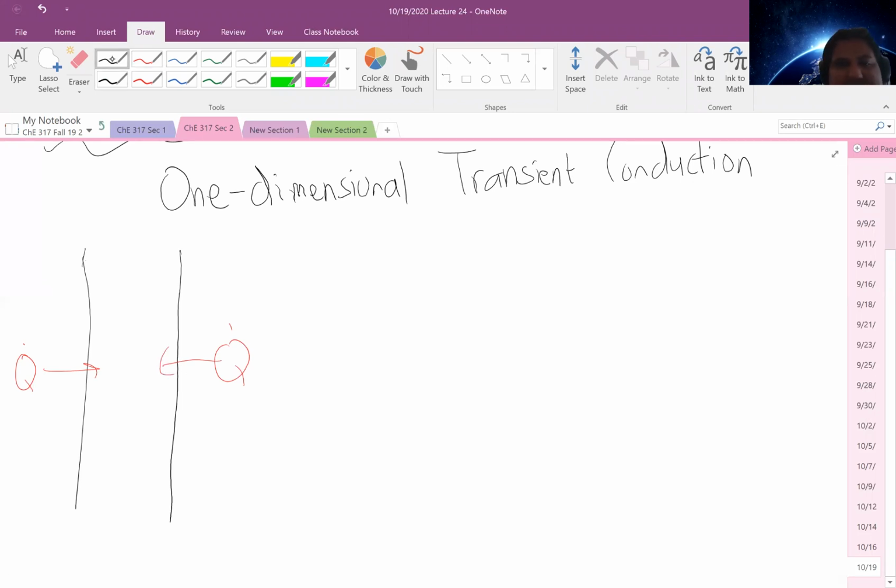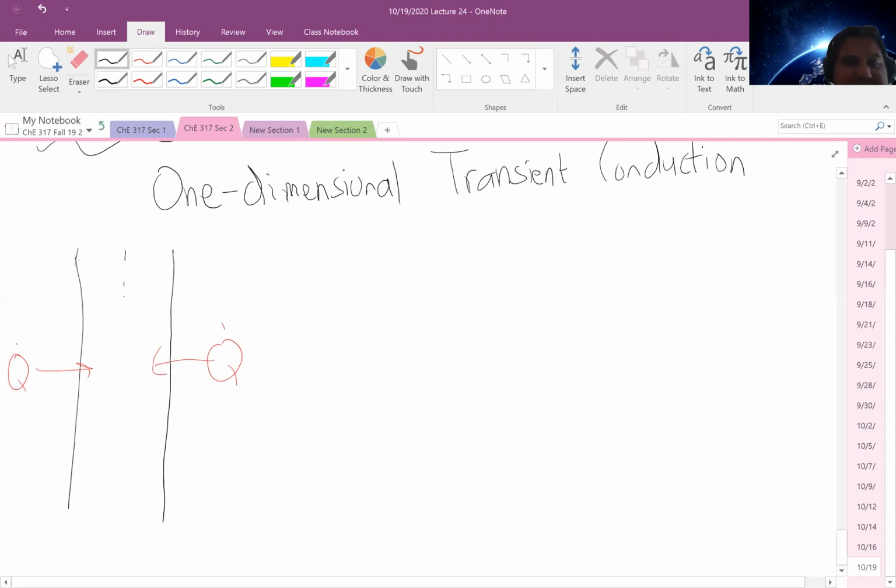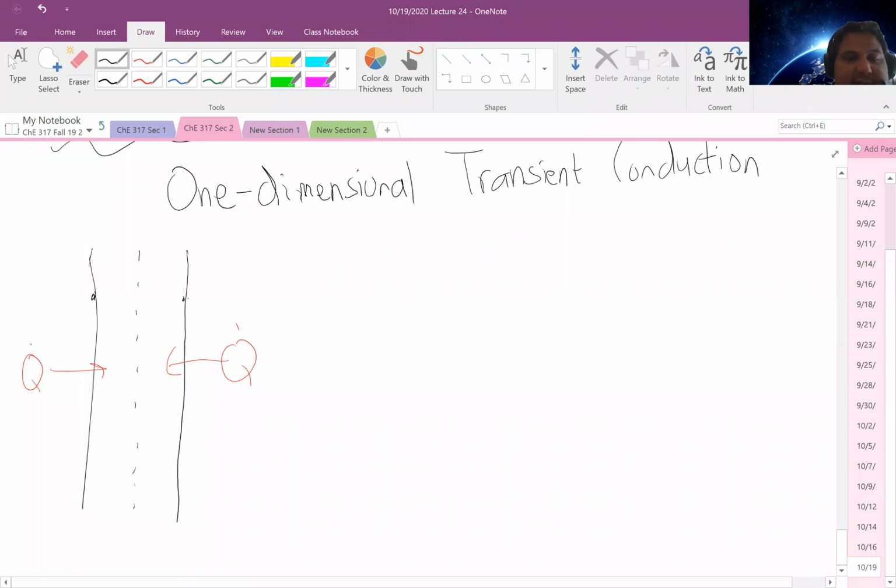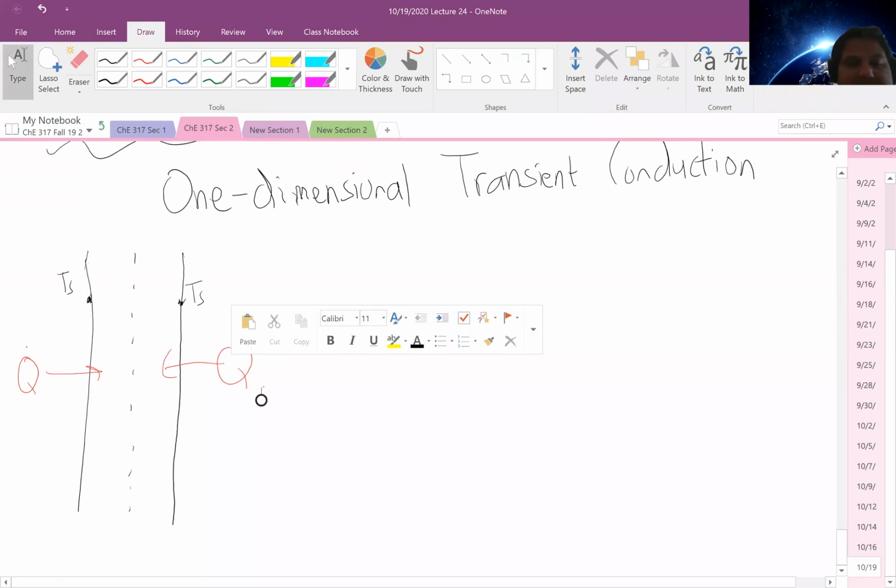If I assume one-dimensional heat transfer exists, what I find out is that at any given time, the temperature profile in this system will follow laws of symmetry. Let's say it's initially uniform, so this would be my t equals 0. Over time, I'll have some temperature profiles emerge.